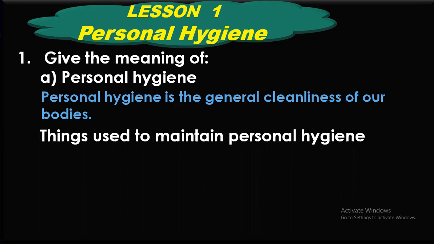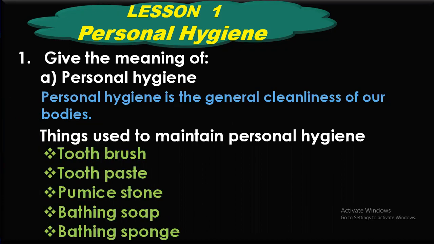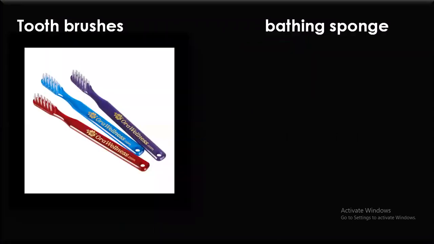Right. I want us to look at the things that are used to maintain personal hygiene. And there we have a couple of them. The toothbrush, toothpaste, the pumice stone, bathing soap, bathing sponge, but there are others. It is also imperative that we understand the diagrams. That is the diagram showing the toothbrushes on my left.